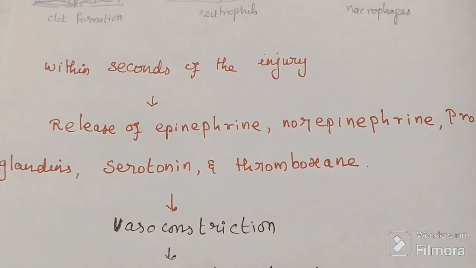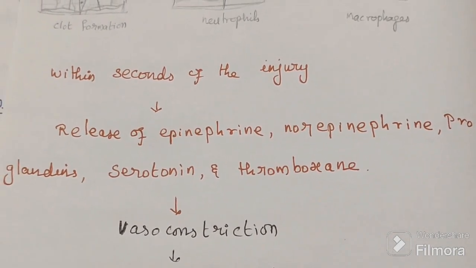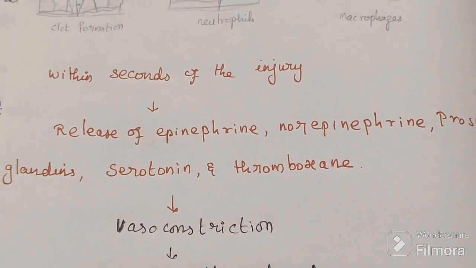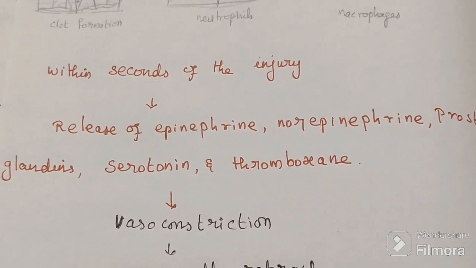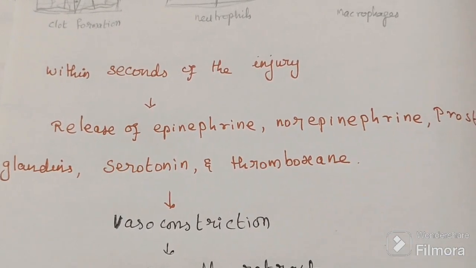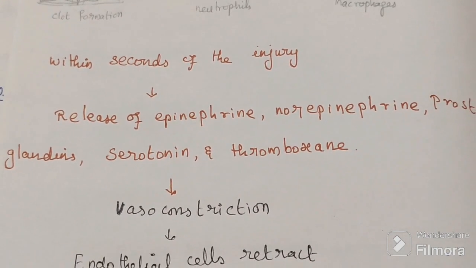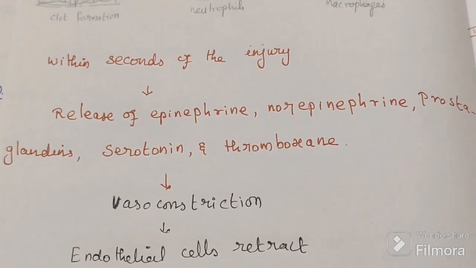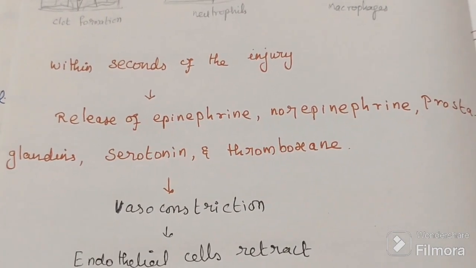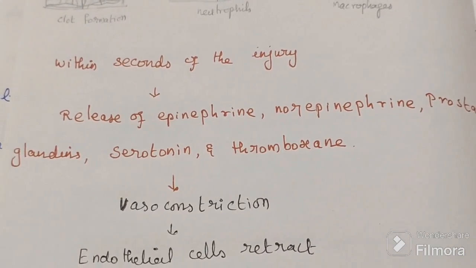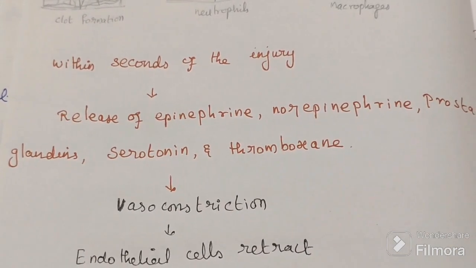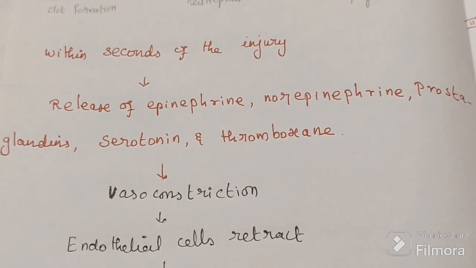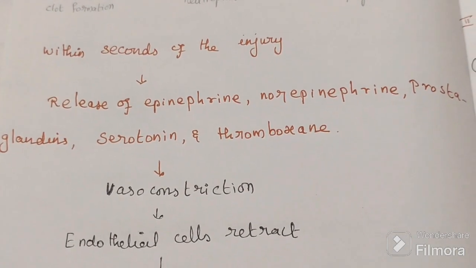Within seconds of this injury, epinephrine and norepinephrine come into play. That is sympathetic stimulation. It causes vasoconstriction. Because of this vasoconstriction, the endothelial cells retract and subendothelial tissue is exposed.